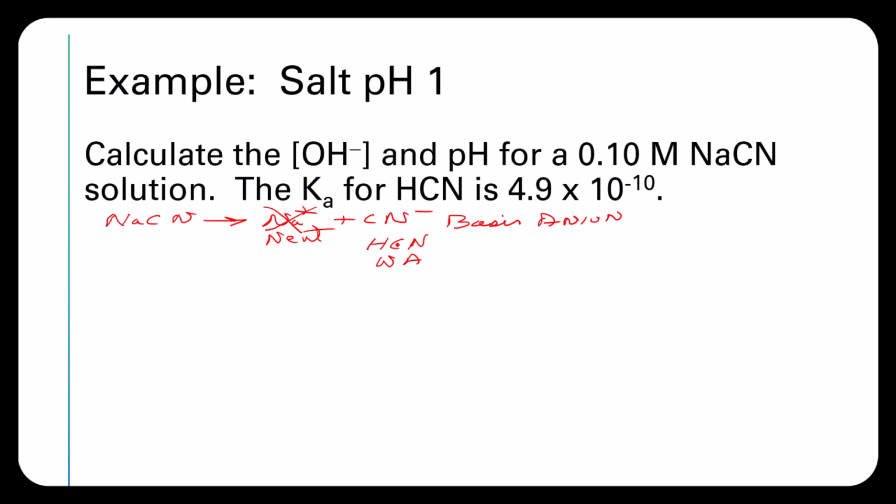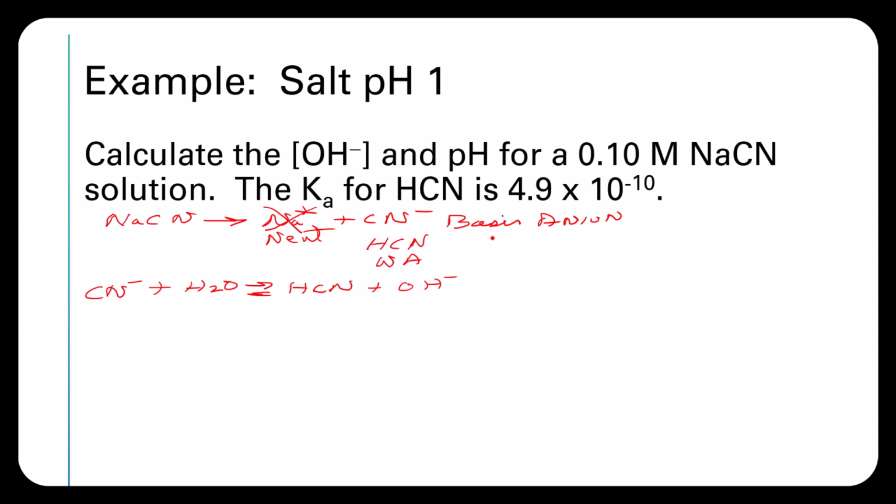And we all know by now, hopefully, that the conjugate base of a weak acid is a weak base. The reaction is going to be cyanide plus H2O in equilibrium. We're going to make a little bit of hydrocyanic acid and a little bit of hydroxide. So we know we're going to have a basic solution.